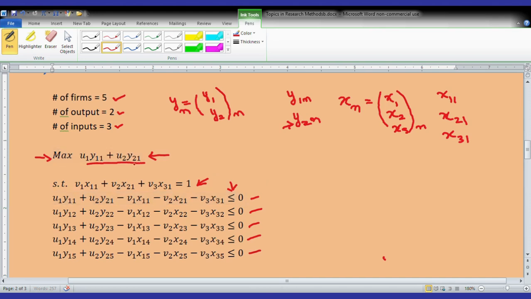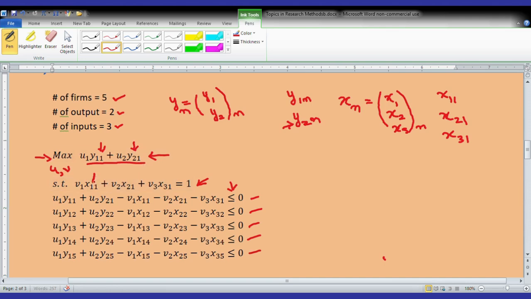One thing that you need to keep in mind is that here we are maximizing this objective function over u and v. That is, u and v are the variables, remember, not x and y, because x and y actually are the data points. This is the output of good 1 being produced by firm 1. This is the output of good 2 that is being produced by firm 1.